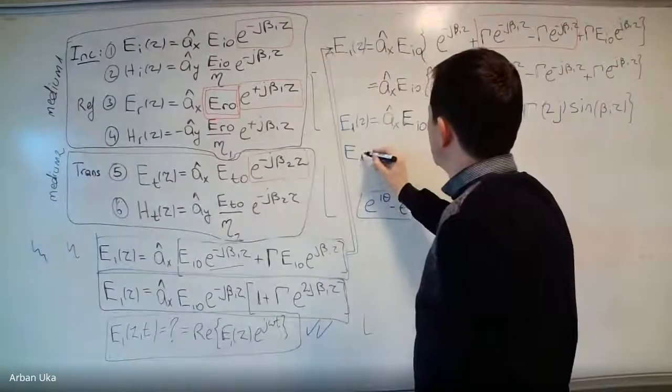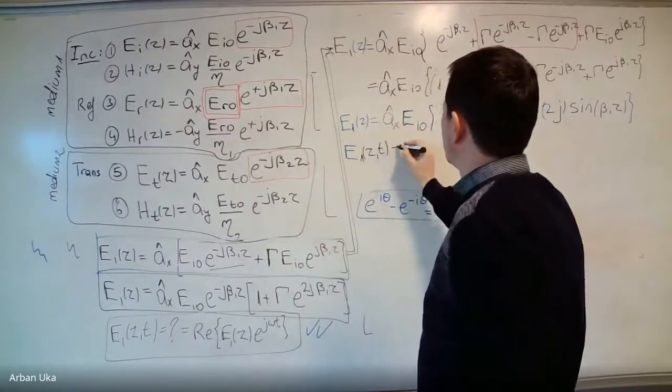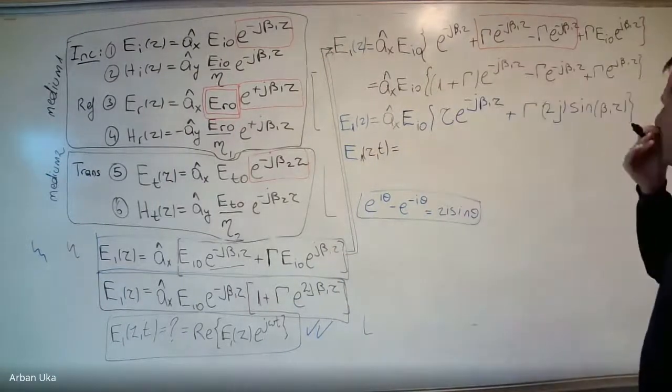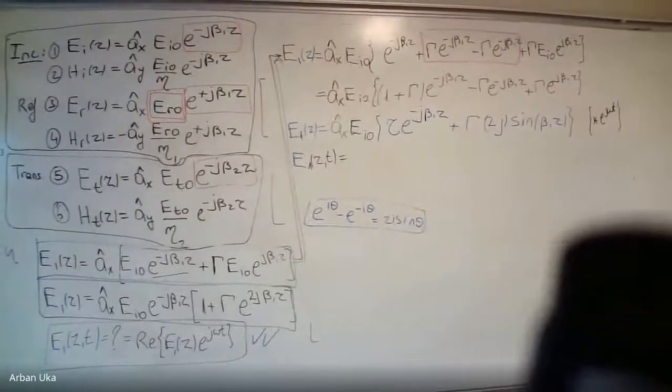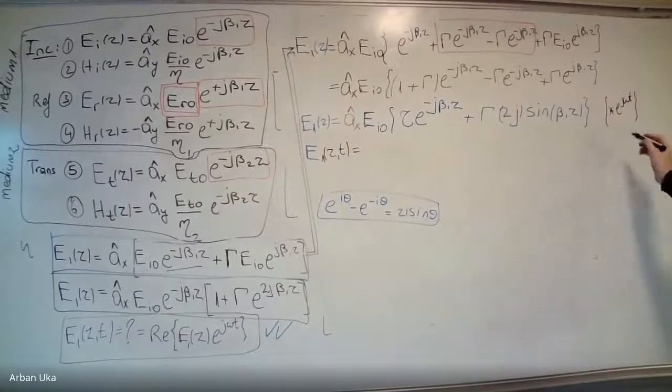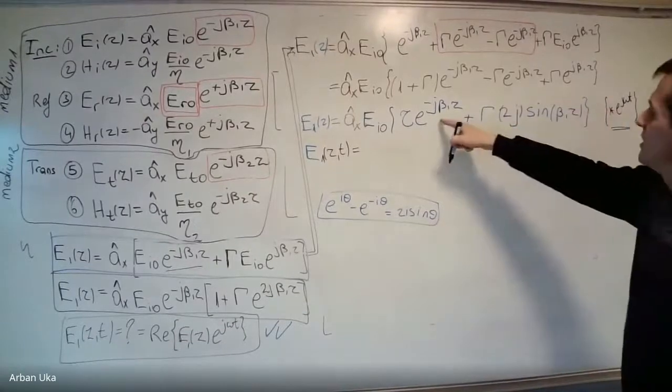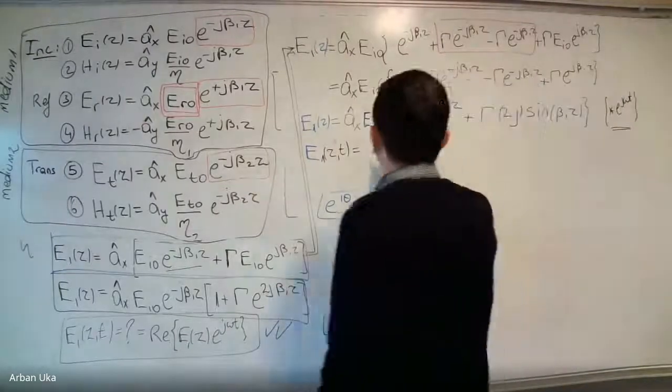So we can get here now E1 as a function of time. This is equal to, so we keep multiplying it by e to the power j omega t, right? Which you don't see clearly, but now probably do. So we just multiply this term with these, and what we observe is the following.